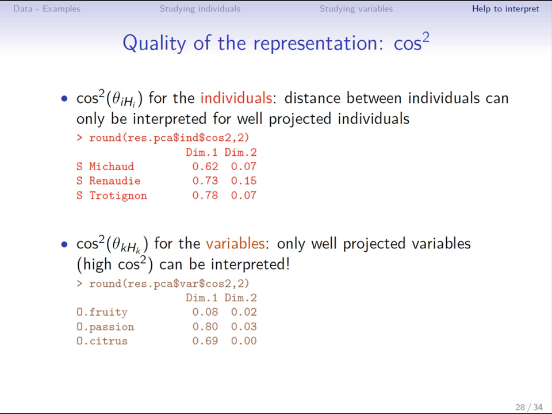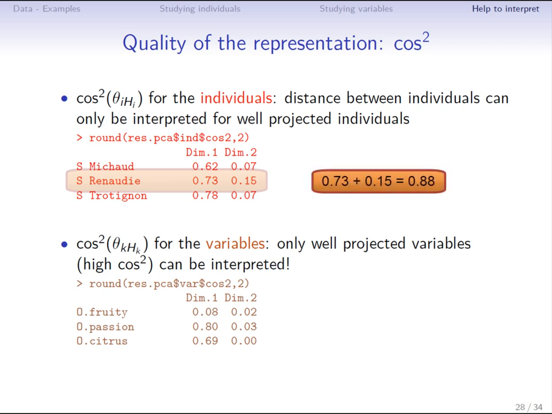The cosine is calculated axis by axis, so we can see, for instance, that for Renaud-D, the squared cosine with the first dimension is 0.73, and the squared cosine with the second dimension is 0.15. Thus, for the quality of projection on the map, I sum 0.73 plus 0.15, which equals 0.88.